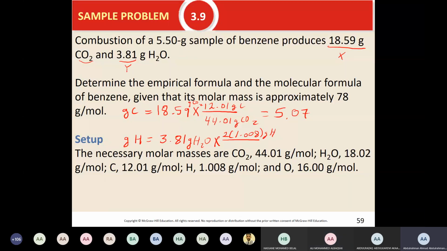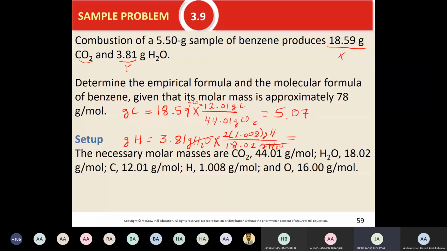Write the whole everything, not only this one. Okay, divide by what? 18.02. 18.02 gram H2O. Gram H2O will go with gram H2O, and you have the answer in gram hydrogen. What is it? Give me an answer.